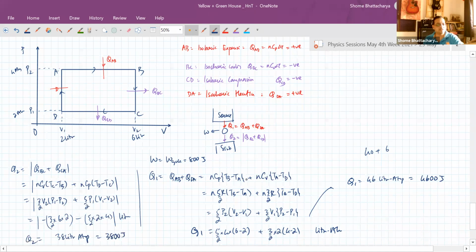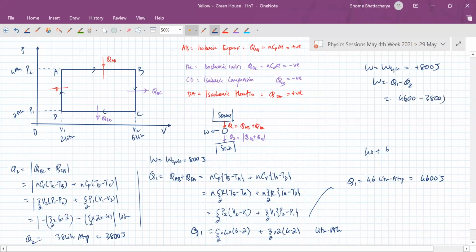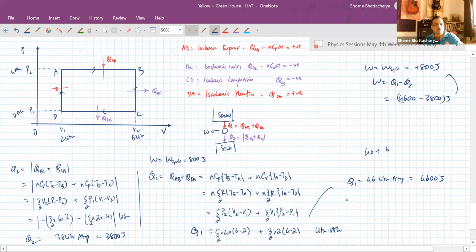So this just verifies what we were talking about earlier, that W was W cycle, which was 800 joules. W should also be equal to Q1 minus Q2, which is 4,600 minus 3,800. Yes, sir. Got it. But more importantly, what about the efficiency? Efficiency is W by Q1, or the same thing as 1 minus Q2 by Q1.